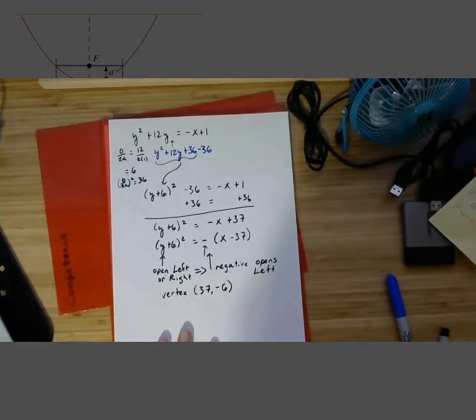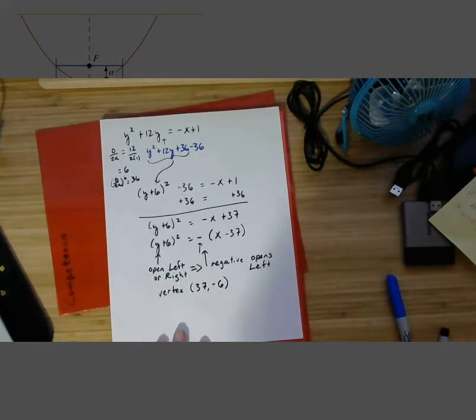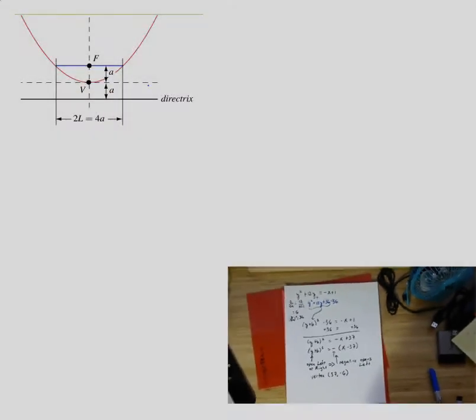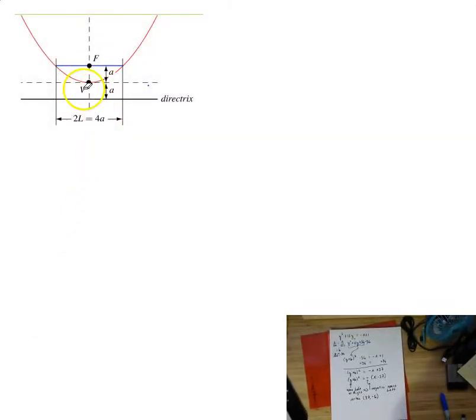Now, if the vertex is at 37, negative 6, what is that value that when we saw the other picture, that was the A? So let's take a look at that picture again. Remember, A is the distance from the vertex to the focus or from the vertex to the directrix. So how would I find that A?